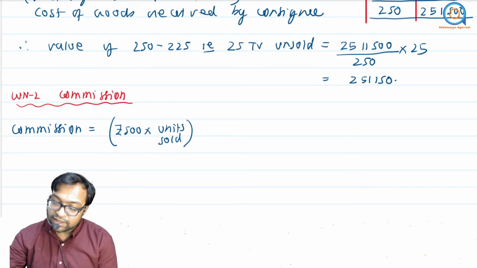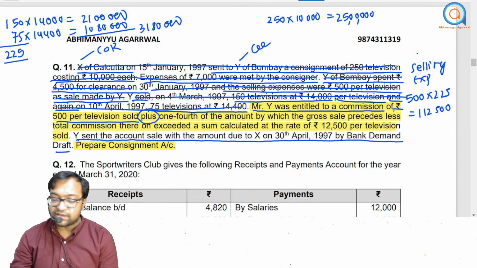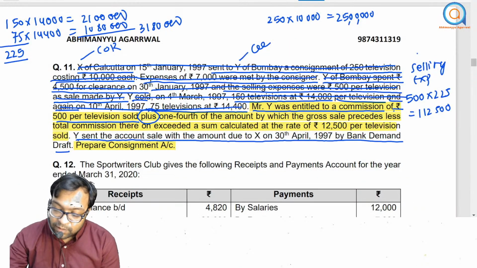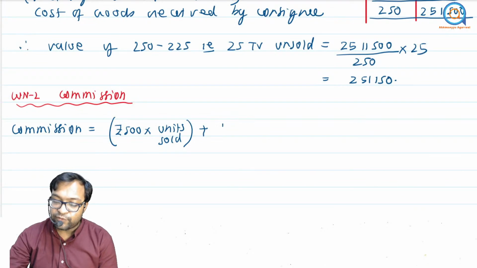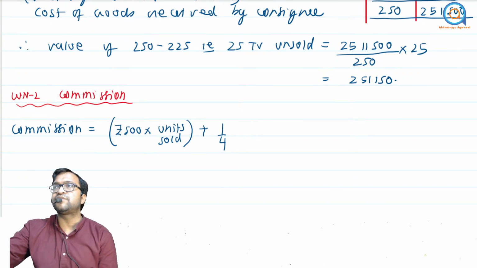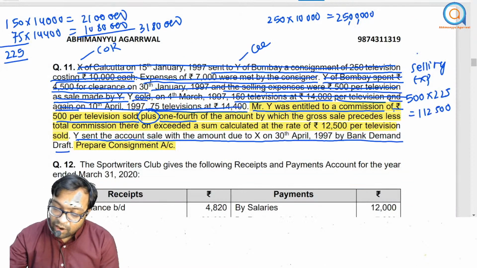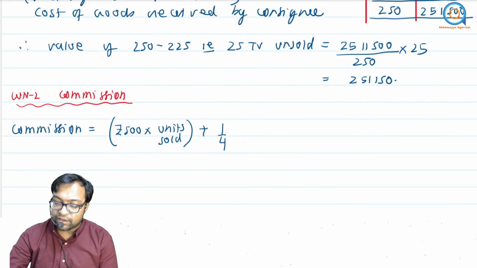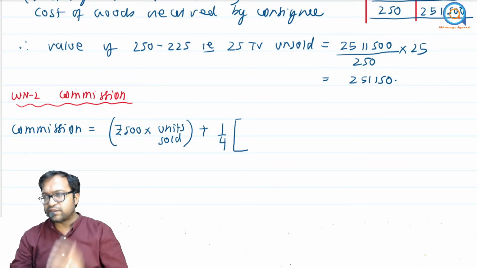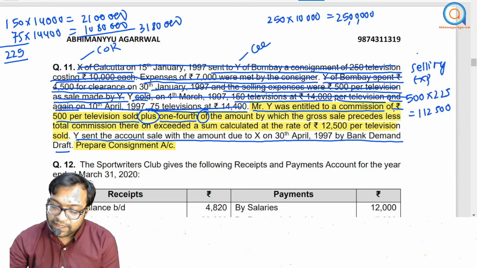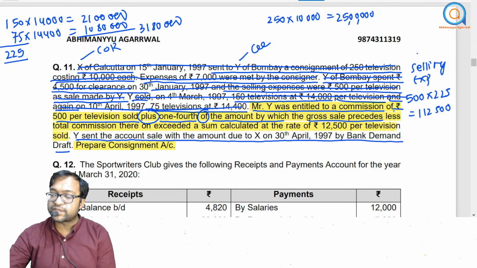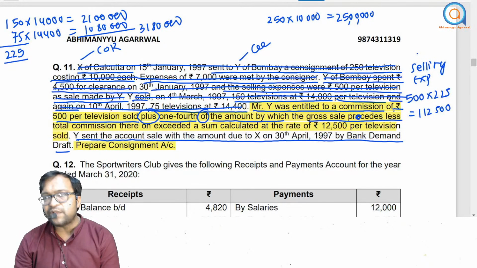Next, what are they saying? Plus. Once they are saying plus, I'll be writing here also. Plus 1/4. So when they are saying 1/4, I'll write 1/4 here. Correct? Yes, sir. Plus 1/4. Then they're saying off. Whenever they say off, we have a habit of opening a bracket. Off something will be in bracket. Off what? The gross sale proceeds.